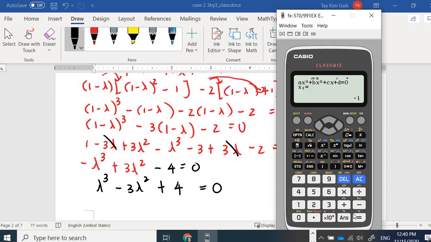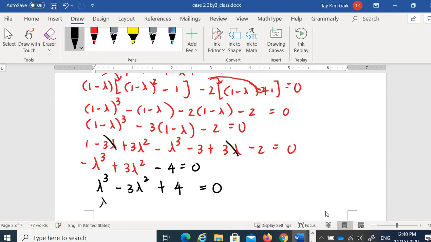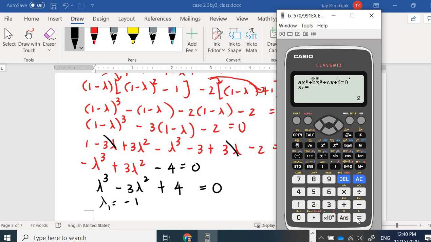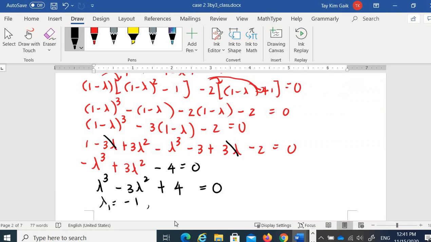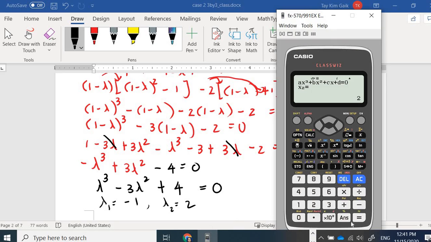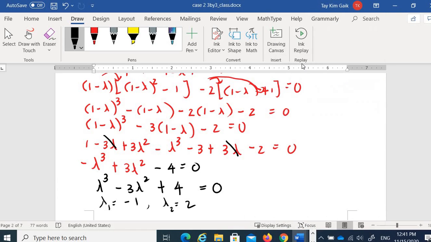So you get one of the roots, lambda 1 is negative 1, lambda 2 is 2. Like the previous example also, a cubic equation should have 3 roots, however the calculator only gives you 2 roots.